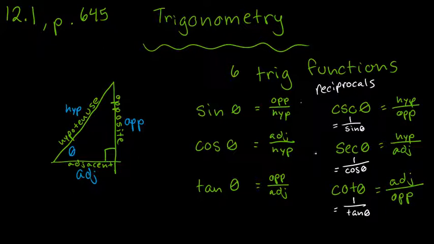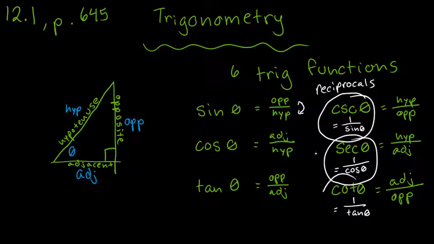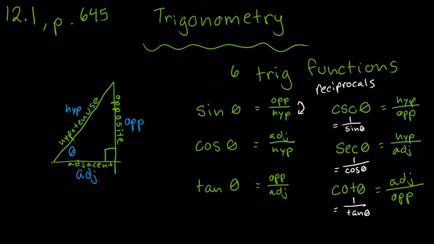So what I'm doing is I'm basically swapping my numerator and denominator, or really I'm taking 1 over sine, and that gives me cosecant. 1 over cosine gives me secant, and 1 over tangent gives me cotangent. That's what a reciprocal does. I take 1 over a value.